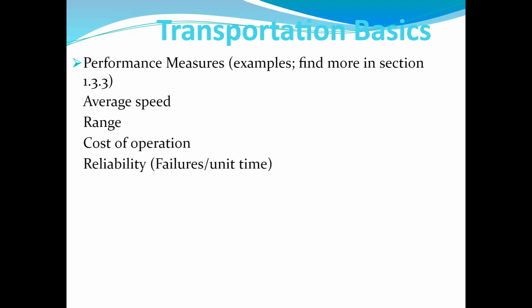For example, when we design our roadway system, we design it for the 30th highest hour of the year, and that means that we are designed for how much traffic you would expect on a yearly basis, the 30th highest hour.